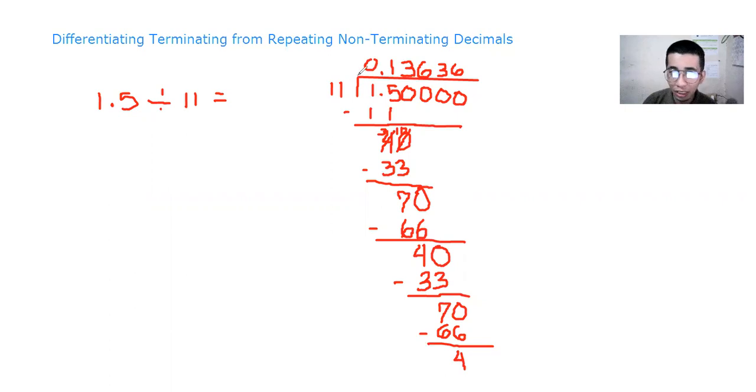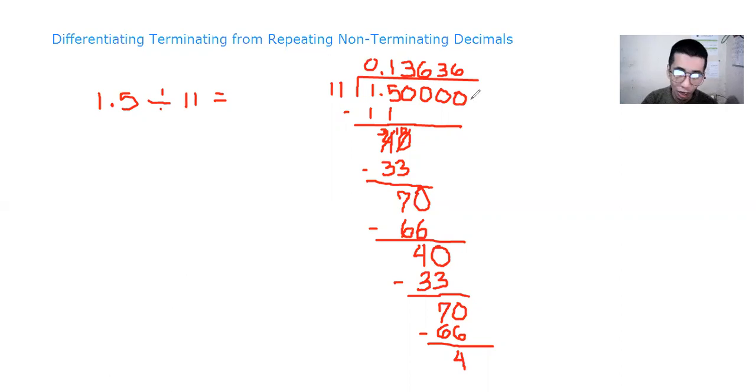Dito sa quotient natin, anong number yung paulit-ulit sa kanya? 3 at 6. Okay. So, ang tawag diyan sa number na yan is repeating decimal. Kasi may mga sagot tayo na kapag magdi-divide tayo, paulit-ulit na lang yung sagot. Nakita natin, 3636. Yung 1, hindi naman naulit, diba? Pero yung 36, 36, 36, paulit-ulit.